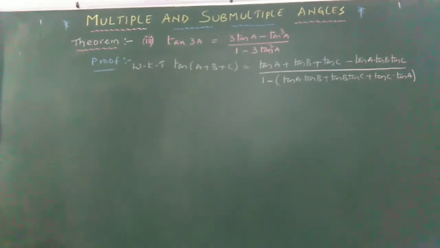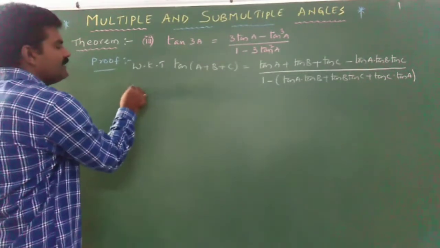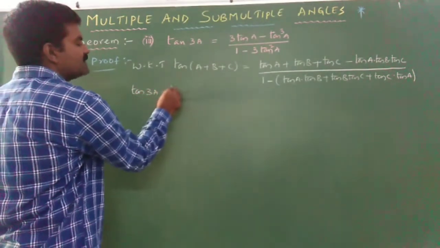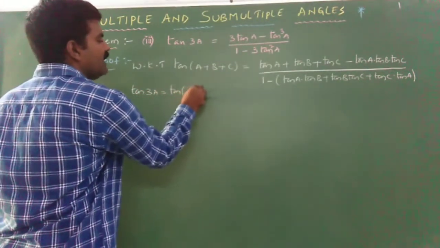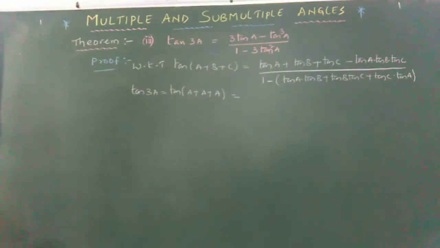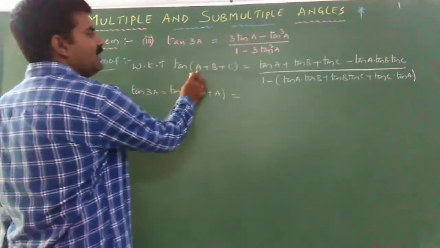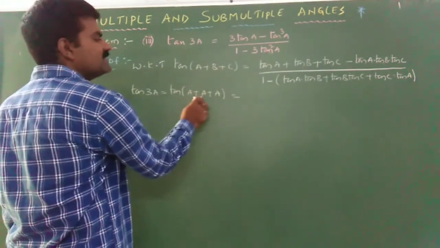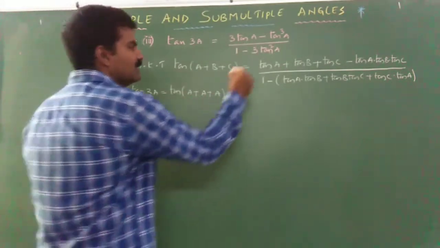So just look at the formula for tan of A plus B plus C. So now, can we write tan 3A as tan of A plus A plus A? Can we write it or not? I mean, A, B, C are replaced with A itself. Come on.